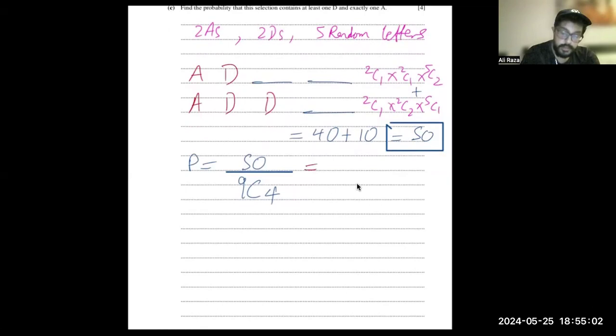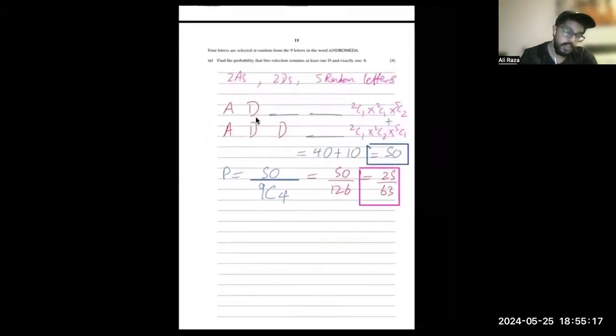The answer would be 50 over 126. It can also be simplified to 25 upon 63 as the final answer. It's the end of this exam.